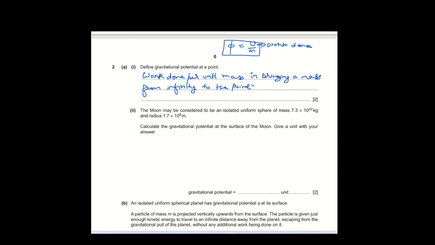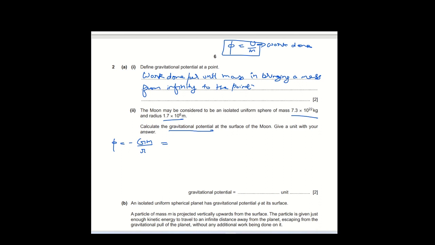Now, the next question is, the moon may be considered to be an isolated uniform sphere of mass 7.3 into 10 raised to power 22 kg and radius 1.7 into 10 raised to power 6. So we are given mass and radius. Calculate gravitational potential at the surface of the moon. Gravitational potential is given by phi is equal to minus GM by r.